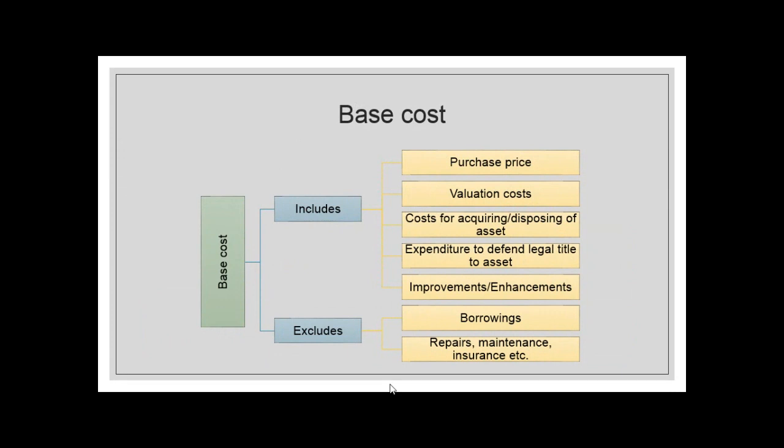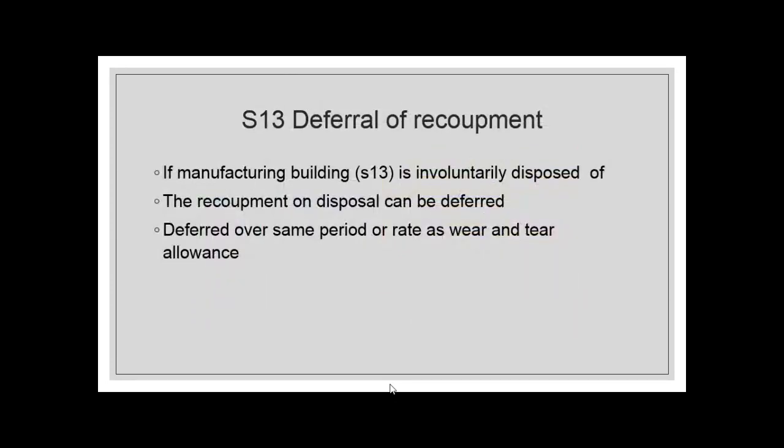Any borrowings it excludes. So if I borrowed money against that property, it excludes that. The reason for that is we do not want to disadvantage someone that purchased it on cash. And then any repairs and maintenance is also excluded because that is a normal deduction. Okay, it's not capital in nature.